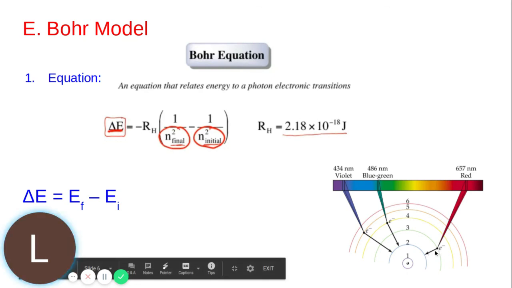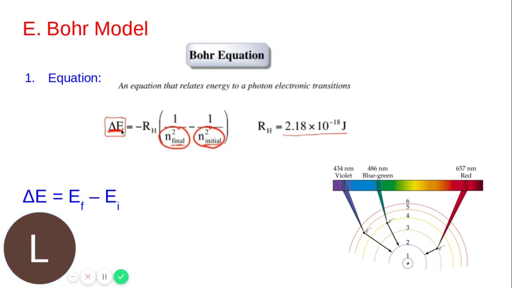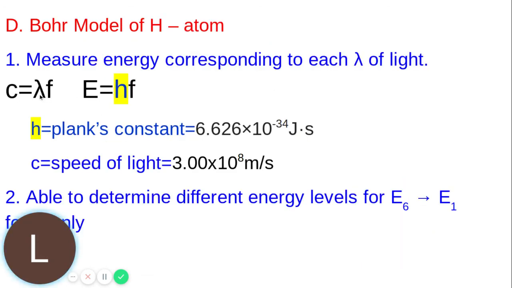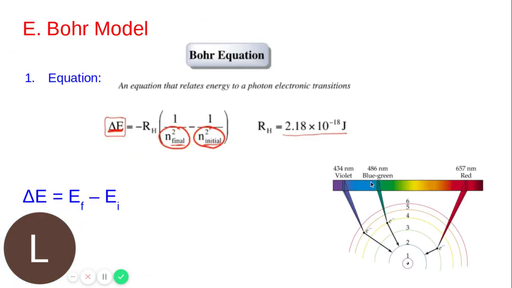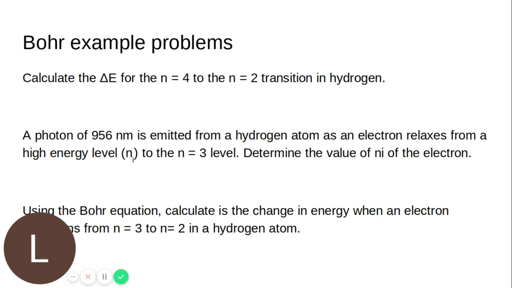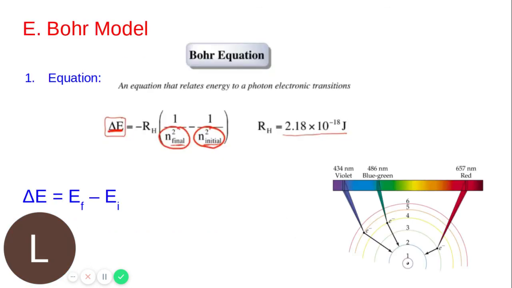So you would do this Bohr equation to find the energy, and then you would use the energy to find the wavelength. And then let's say you calculated the wavelength and it was 434. You would say it's a blue-violet color, something like that. So there's examples of that in the notebook for you guys. I did those Bohr problems in the notebook as well.